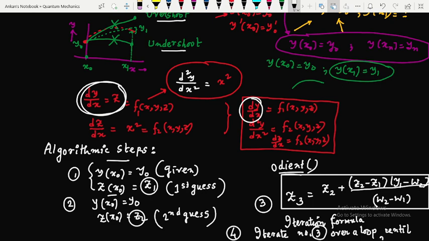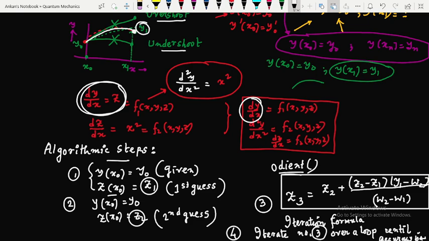Accuracy is achieved means you have the correct slope to get the correct result by choosing the correct guess. As long as you are not able to obtain the correct slope, you have to iterate this loop.